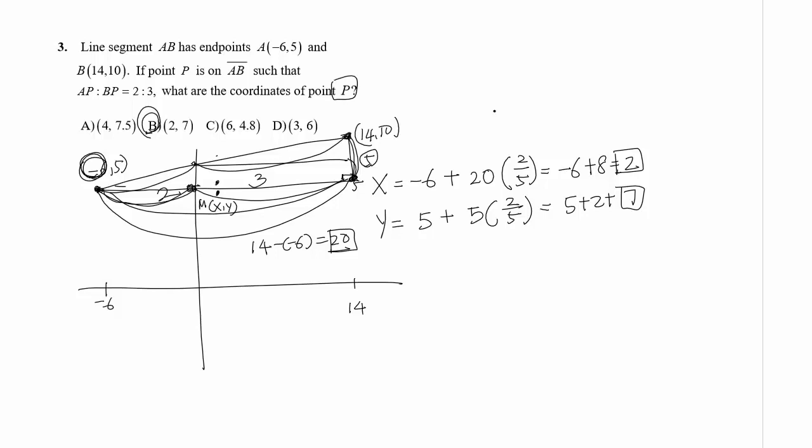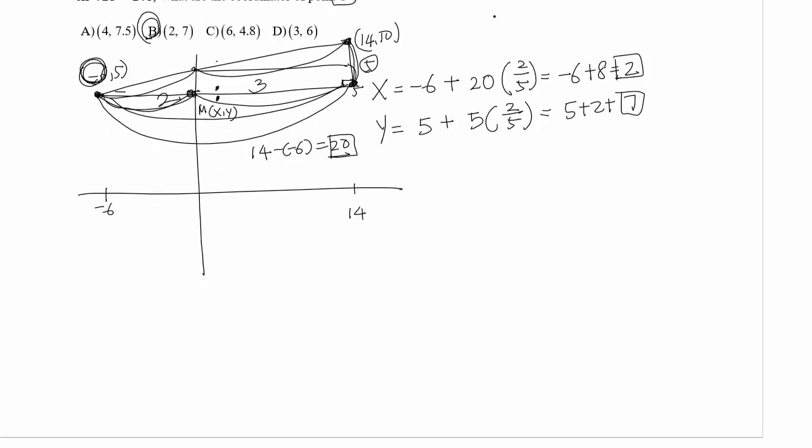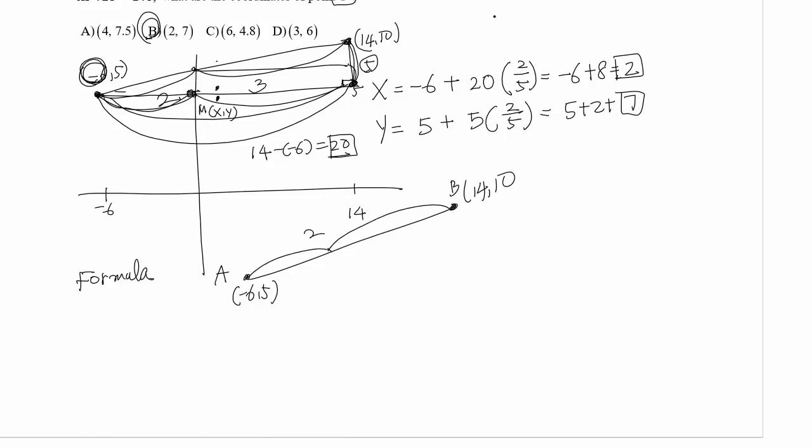Or if you know the formula, you can use the formula too. I'm going to take this one. This is point A, negative 6 and 5. This is point B, 14 and 10. When you divide this one, 2 to 3, right? Okay, 2 to 3.